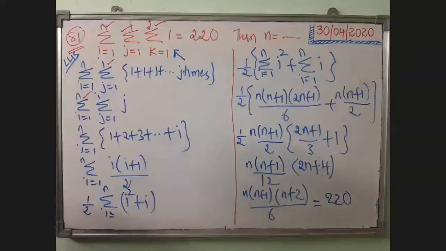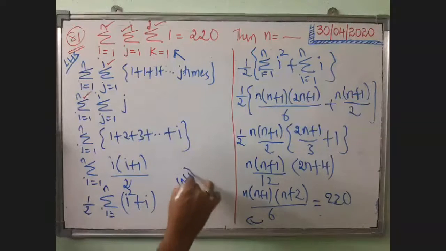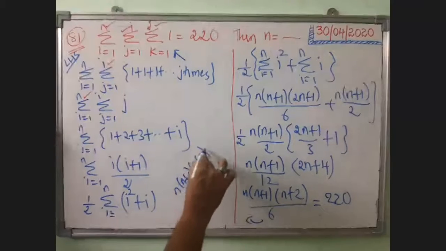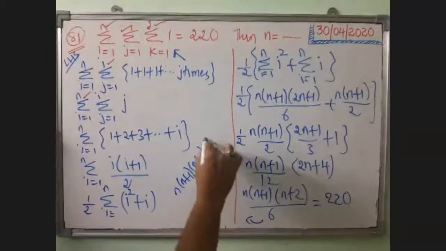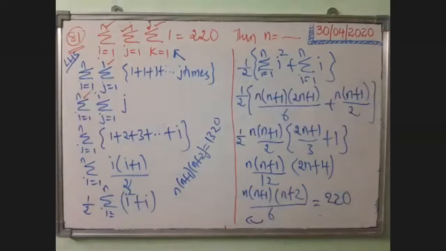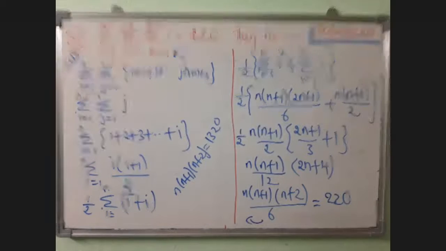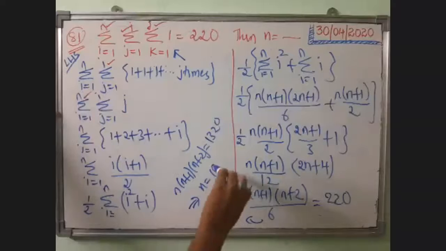So what happens actually is this becomes n into n plus 1 into n plus 2 equal to 220 into 6. 22 3s are 66, 1320. And therefore, this implies n equal to 10 will satisfy.